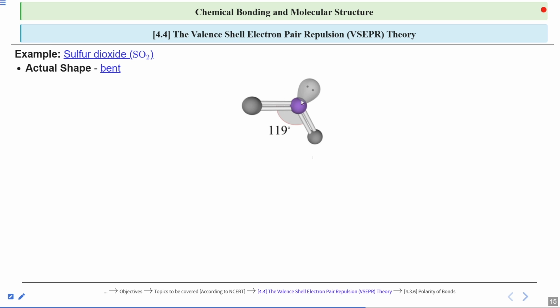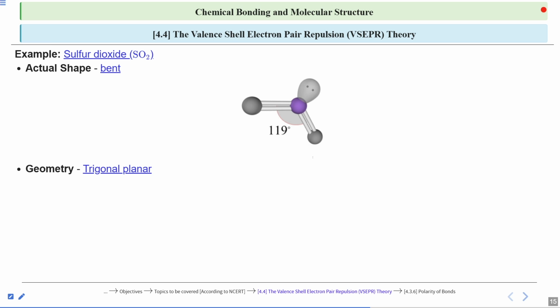You have seen in the Lewis structure that sulfur has a lone pair. So this is the lone pair, and it is repelling and reducing the angle of sulfur dioxide. As a result, we will say that the shape is not trigonal planar. Instead, it is bent.